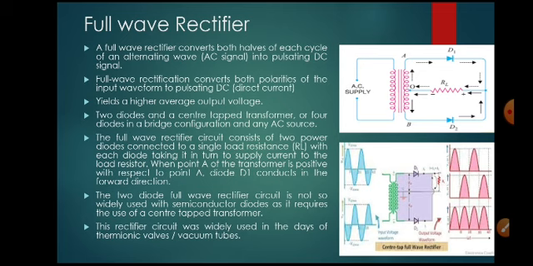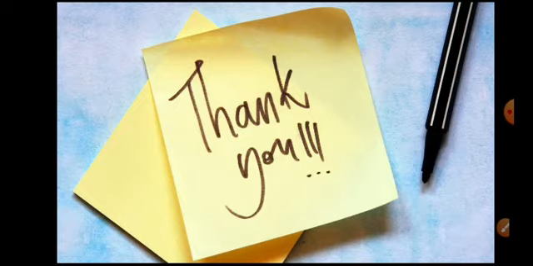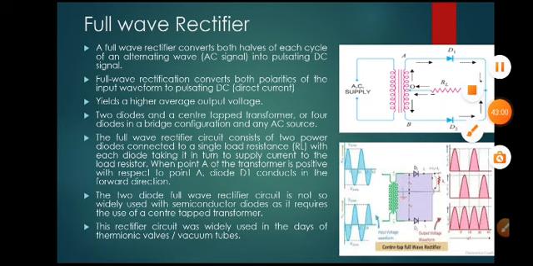When diode 1 is in forward bias, diode 2 will be in reverse bias. Therefore, diode 1 alone gives the output and diode 2 does not give any output. During the negative cycle of the input signal, diode 2 is in forward bias and diode 1 is in reverse bias.